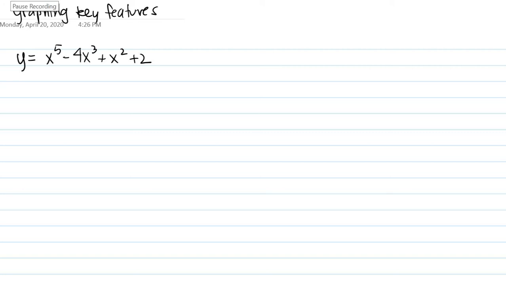This is a second example of what to do when you need to graph the key features of a polynomial. We are first going to try and factor it in order to find the zeros. Then we're just going to plug in 0 for the x's to find the y-intercept.